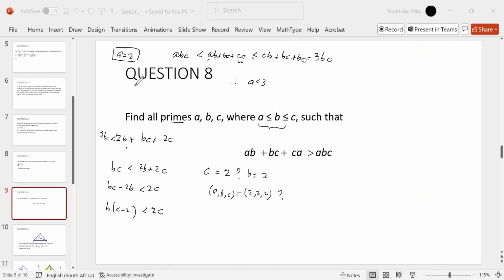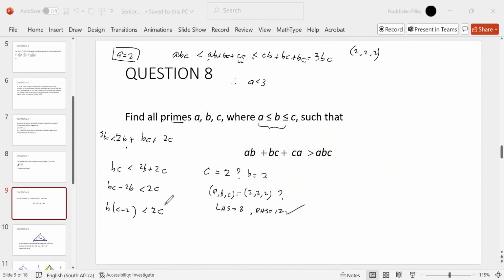The left-hand side is 8. And the right-hand side, AB plus BC, so you got 2 times 2, 2 times 2, you got 3 4s. The right-hand side is 12. And 8 is smaller than 12. So this is a solution. So one of the solutions is 2, 2, 2.